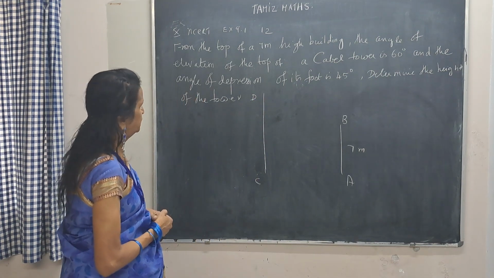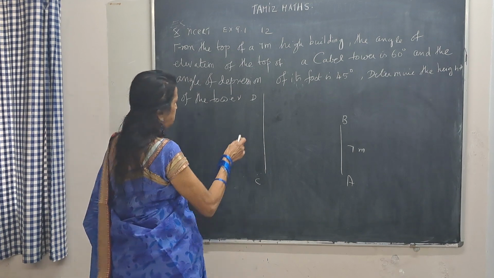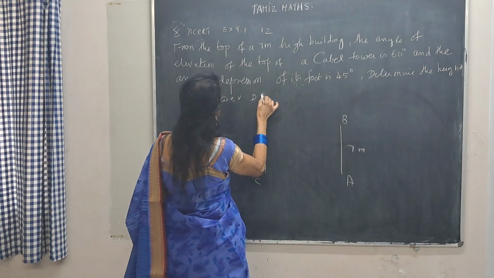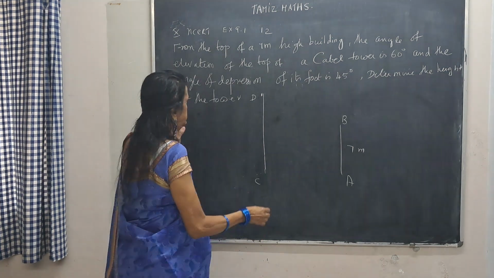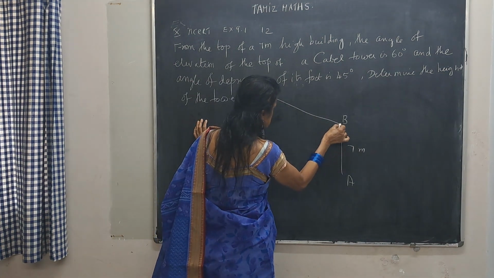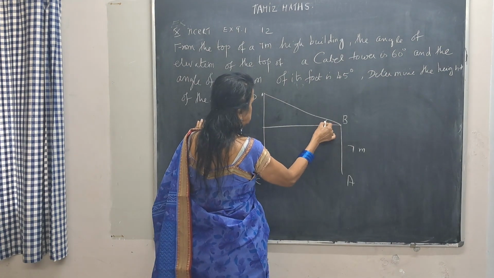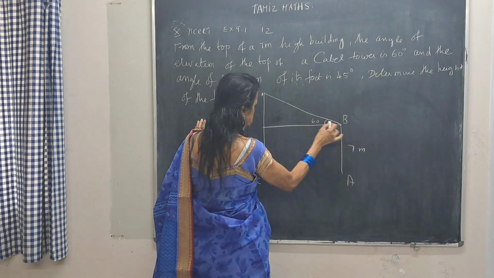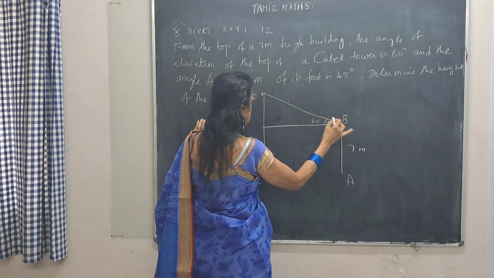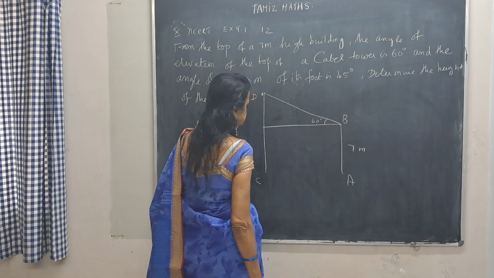The angle of elevation of the top of the cable tower from the top of this building: from here you stand and you look. When you stand here, this is your normal vision, that is horizontal, and this is your line of seeing up. So this will be the angle of elevation.